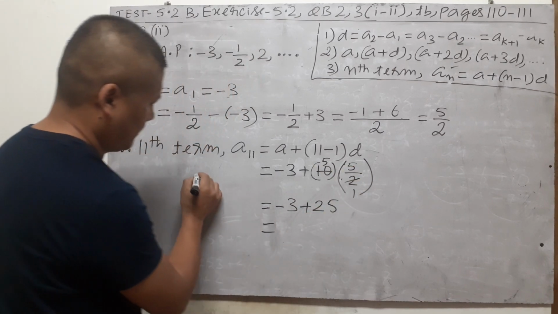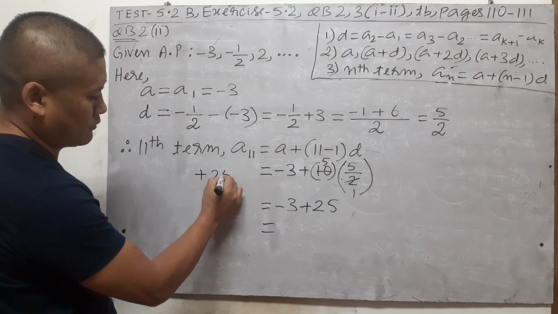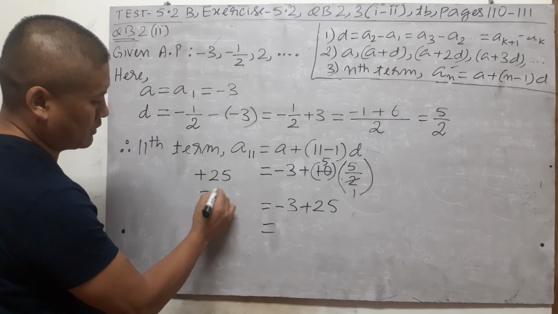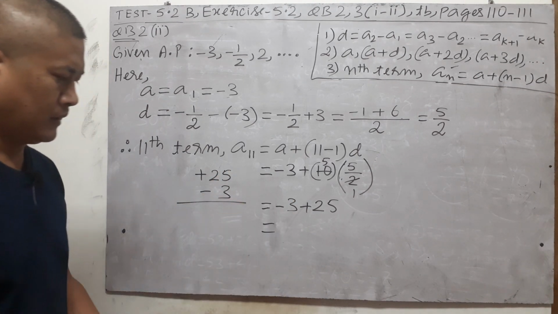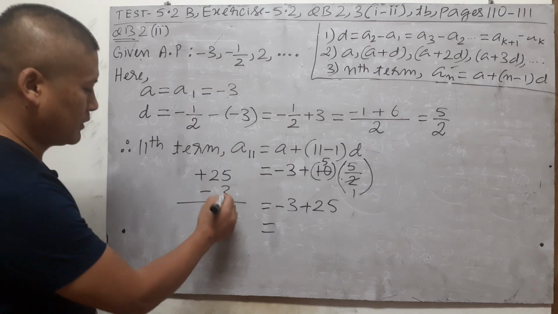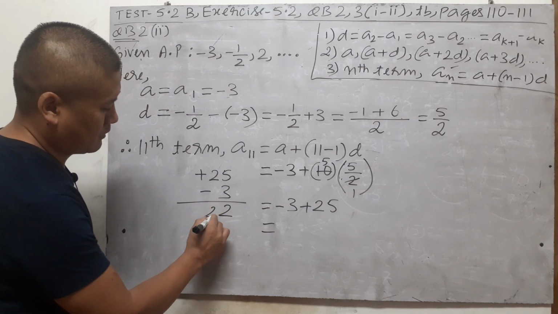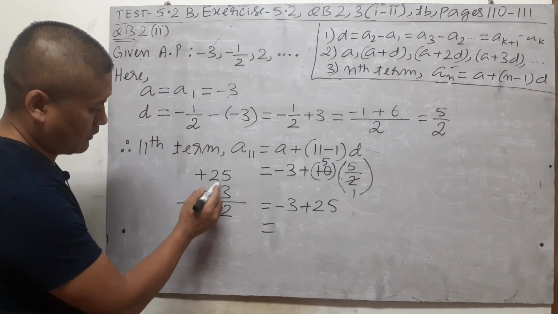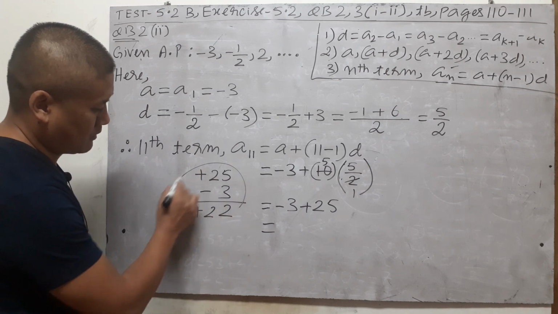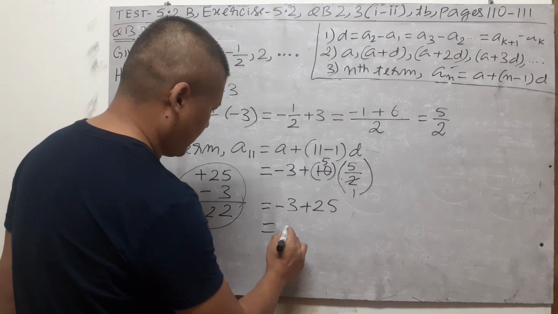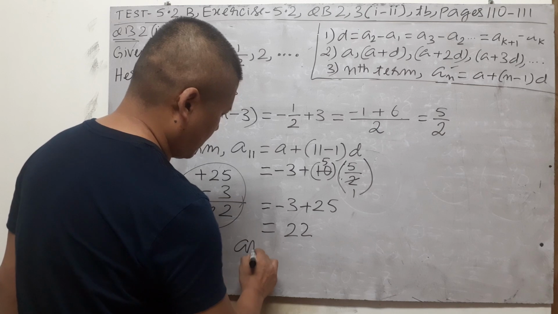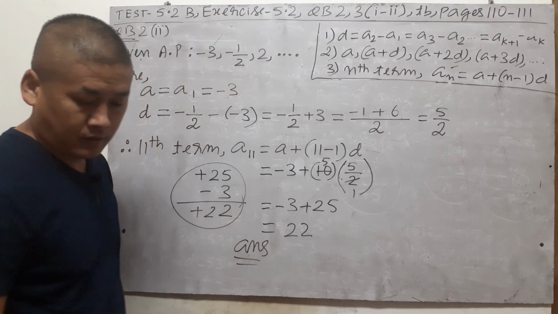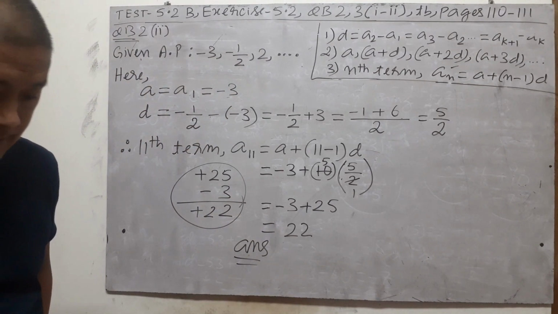The bigger absolute value, plus 25, we put up, the smaller absolute value, minus 3, we put down. Plus minus means subtraction, so 5 minus 3 is 2, and 2 here. The bigger absolute value has a sign of plus, so here also plus. So the 11th term value is plus 22, and the answer that matches the answer we got is B.